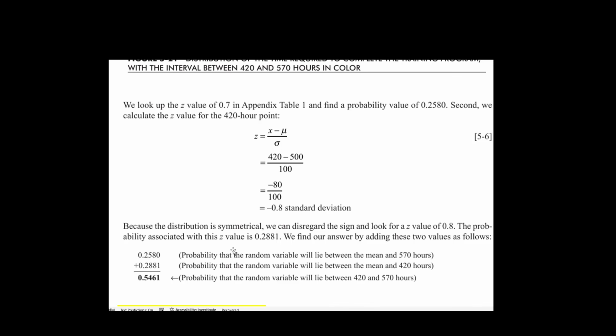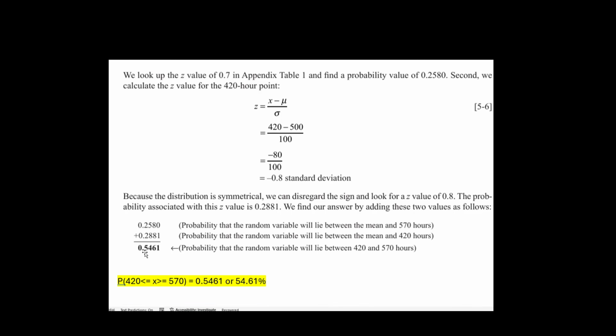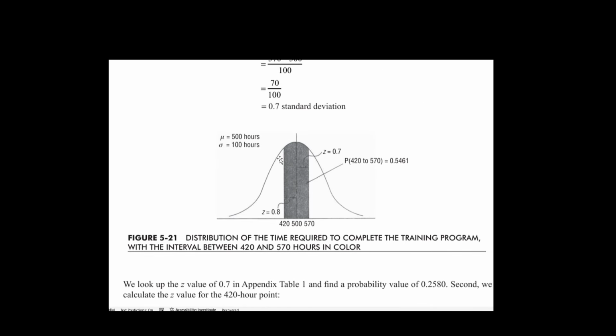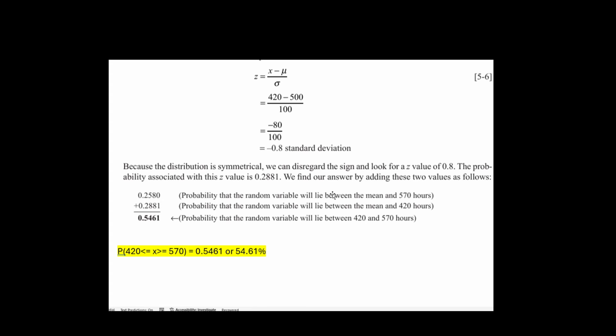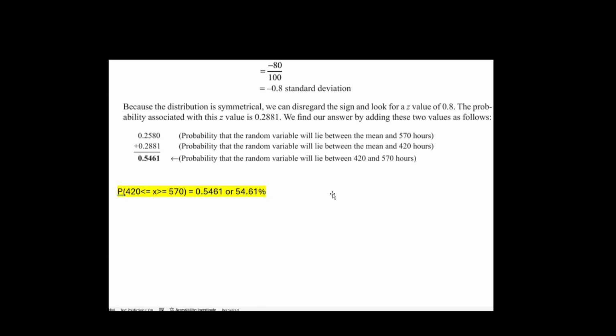So when we add them we will get 0.5461. Why do we need to add? Because here we can clearly see that to get our total area between the two, we need to add this area and this area. So this is how we get the answer: the probability of finding a person selected at random taking hours between 420 and 570 is 54.61%.